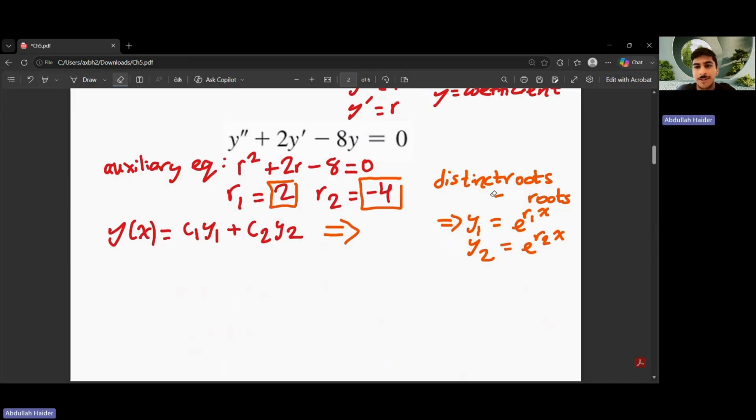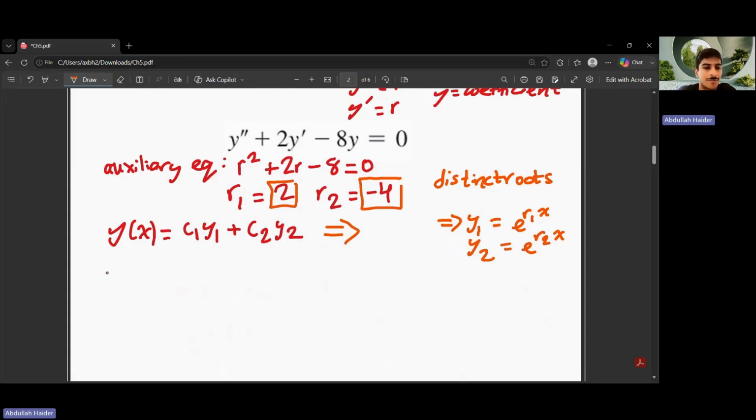Let's consider only distinct roots for now. The roots right now are r1 is equal to 2 and r2 is equal to negative 4. These are distinct roots. So we take y1 is equal to e power r1x and y2 is equal to e power r2x.